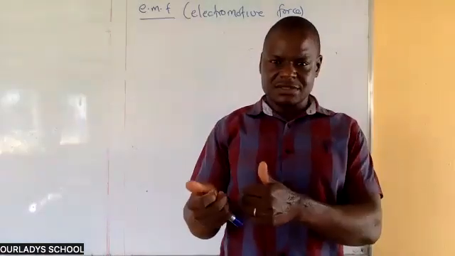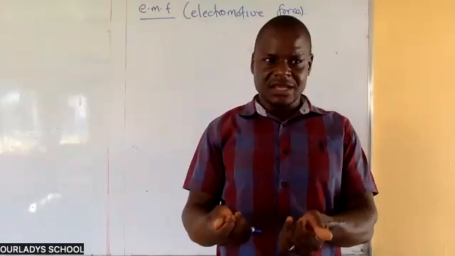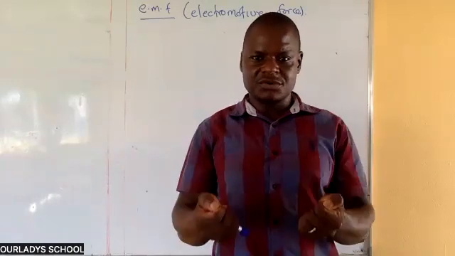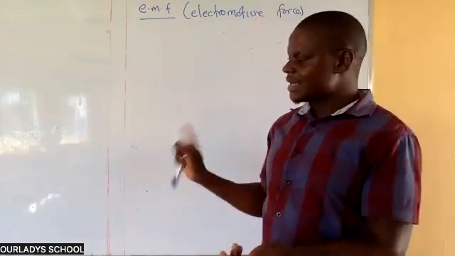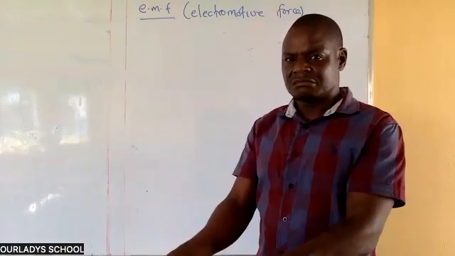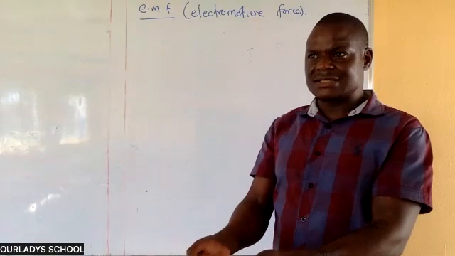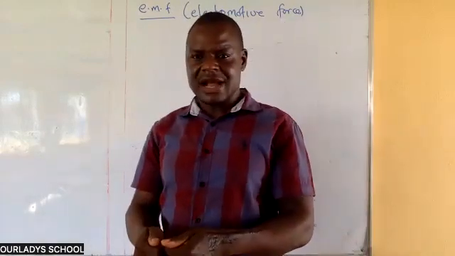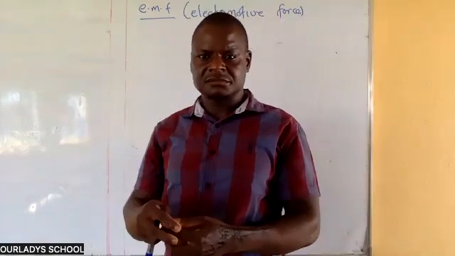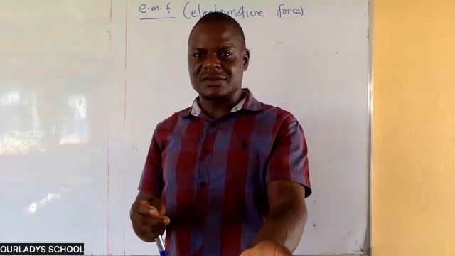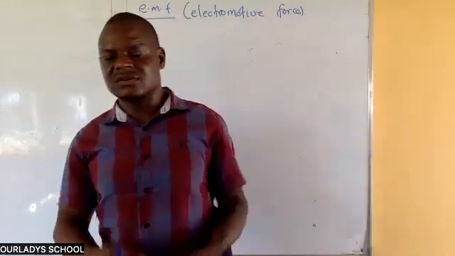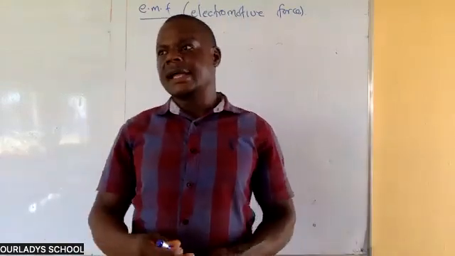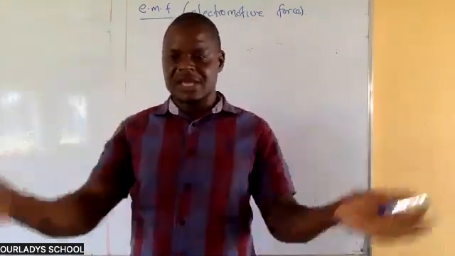The word force in physics, we say it's either a push or a pull on an object. So these charges as they move, they carry energy. Forms of energy we learned at grade 9: there's potential energy, kinetic, mechanical, gravitational potential, chemical, and many other forms of energy.